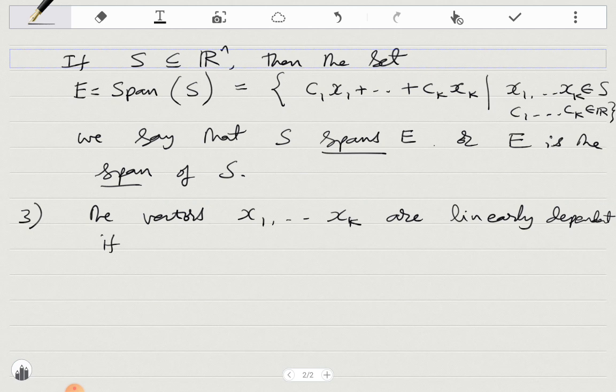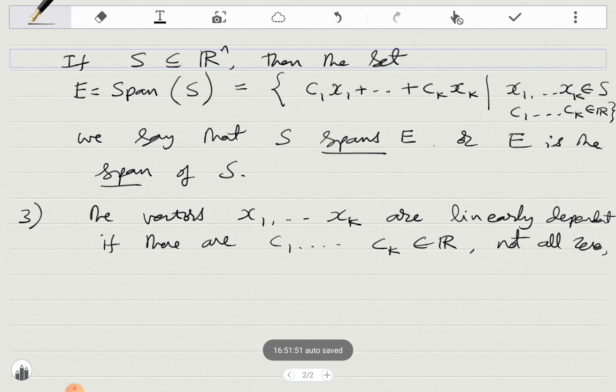So if there are c1, up to ck in R, not all 0, in other words, at least one of them should be non-zero, with c1 x1 plus ck xk equal to 0.